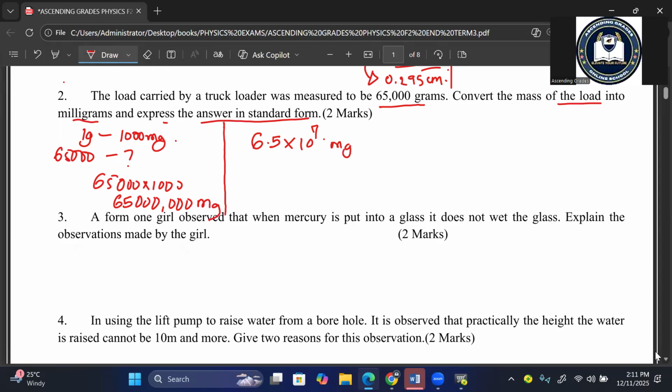So you're going to count all of the zeros, and then you'll find that you are having 10 raised to power 7. That is why we write 6.5 times 10 raised to power 7.